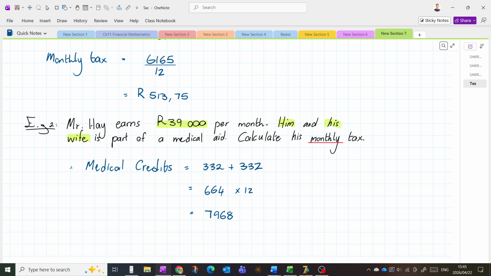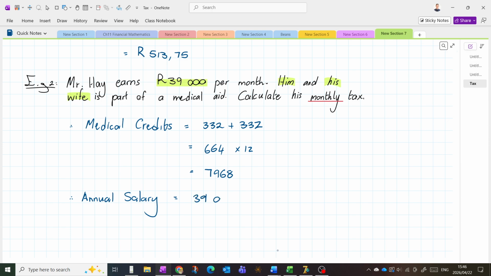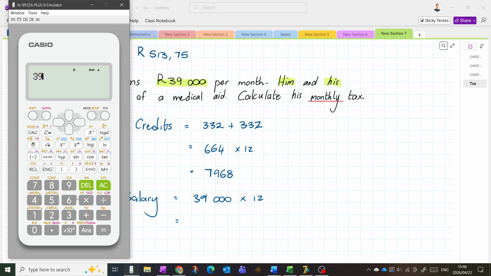Okay. Then, next up, let's look at the annual salary. The monthly was 39,000 Rand times 12. See what that is.